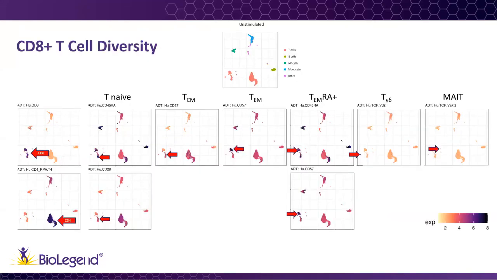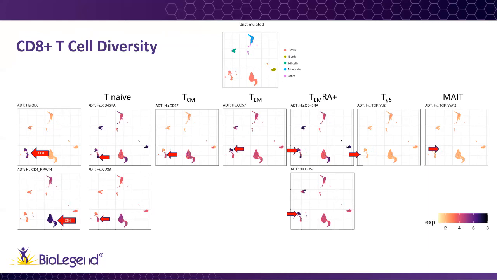Delving a bit further into our high dimensionality dataset, we can begin to explore the cellular heterogeneity of a given sample. In this slide, I am showing the presence of different CD8 positive T cell subpopulations based on protein expression. In the first column, I'm showing expression of CD8 and CD4 to help us orient ourselves, top and bottom respectively.